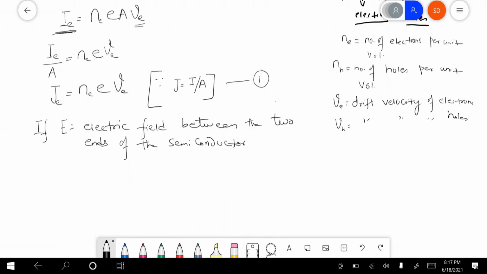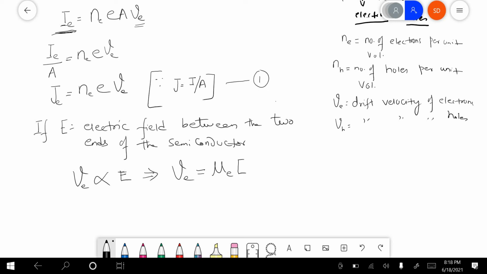the drift velocity due to electrons is directly proportional to the electric field. To remove this proportionality sign, we put a constant which is called mu. For electrons it is mu e.